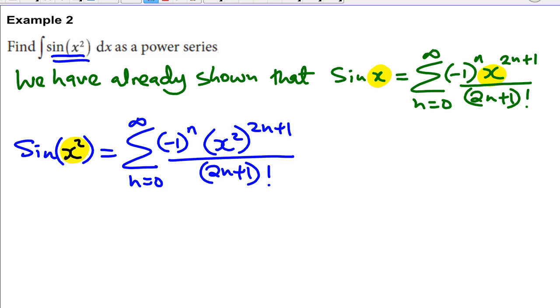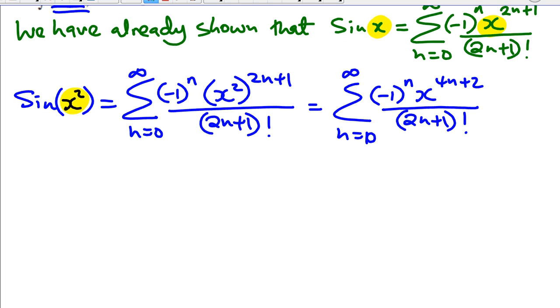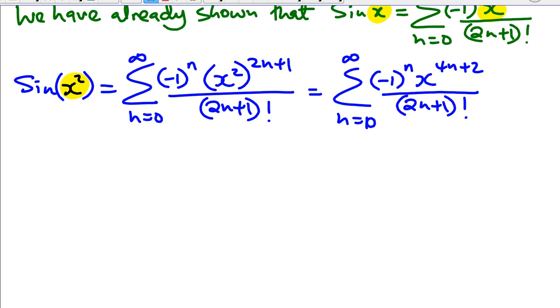So this will be equal to the sum from n equals 0 to infinity of negative 1 to the power n, x to the power 4n plus 2 over 2n plus 1 factorial. And we can carry on and now find the integral.